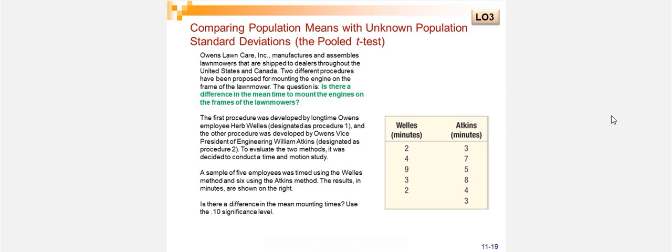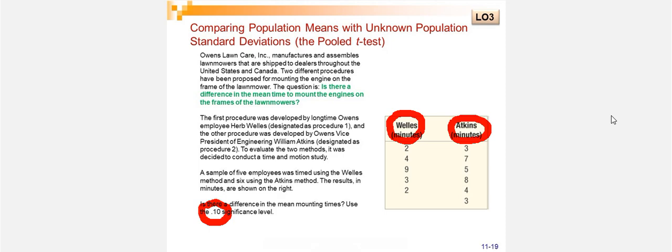Okay, thank you, Lau. Now, at 0.10 significant level, we have two different type of method. Welles method dengan Atkins method. So, the Welles, they will measure this time by minute. 2, 4, 9, 3, 2, Atkins 3, 7, 5, 8, 4, 3.